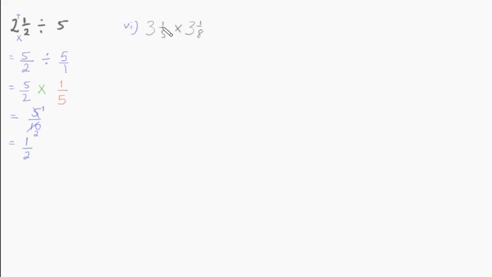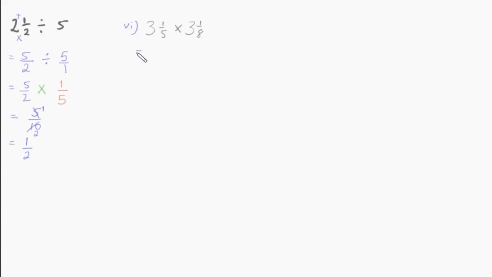Now, what do I do here? If I have a mixed number, it's advisable to convert it to an improper fraction or a vulgar fraction. So we say 5 times 3 is 15, plus 1 is 16.